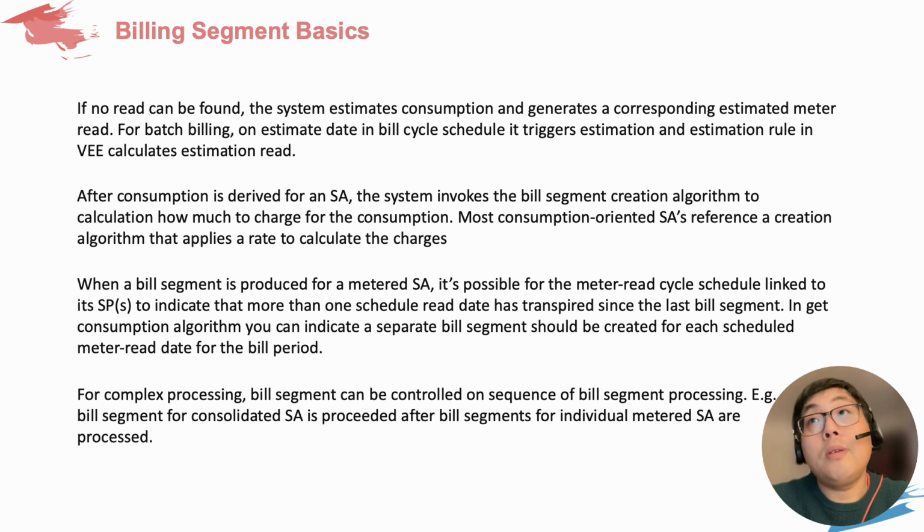So in that way, you still generate one bill segment, but you can show the 3 months consumptions and the charges on different lines rather than different bill segments. It depends on what you actually want to do in your project and how the customer wants to see it on their bill. So that is the differentiation between these two different approaches.